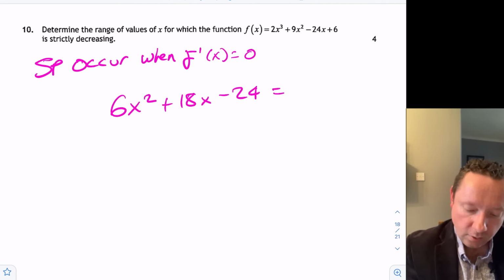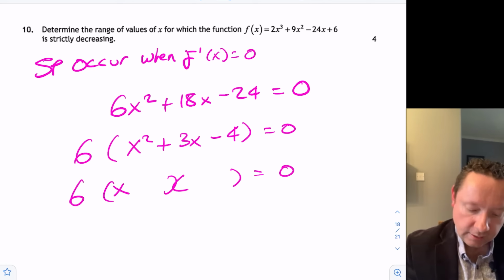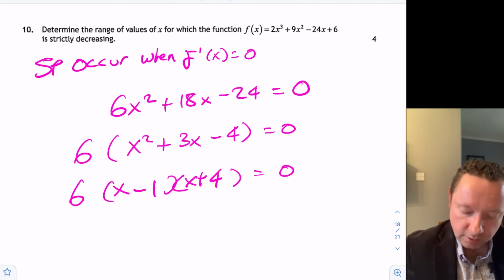And I'm going to look at that equal to 0 for our stationary points. 6 is a common factor, so I get x squared plus 3x minus 4 equals 0, so double bracket that up. x and x. 4 and 1 make 3, plus 4 minus 1 makes 3, so that implies our stationary points occur when x equals 1 or x equals minus 4.